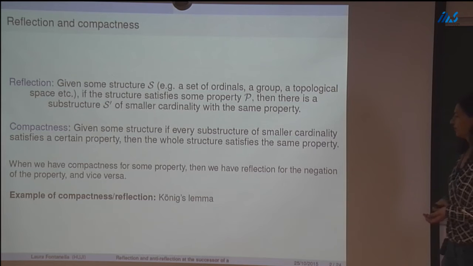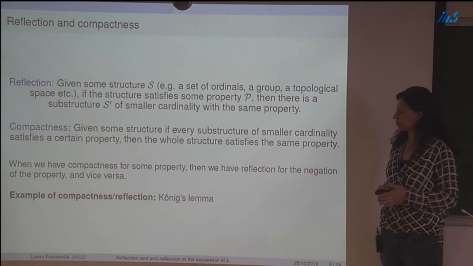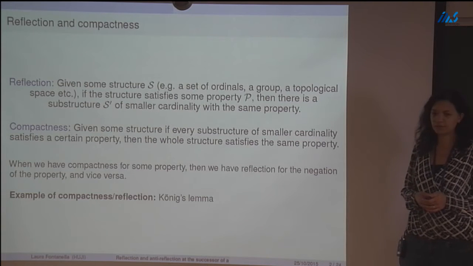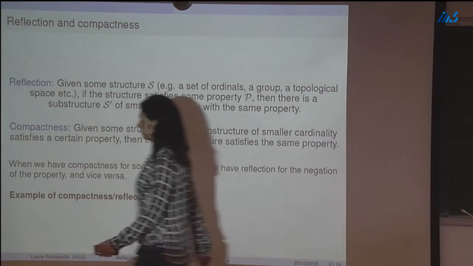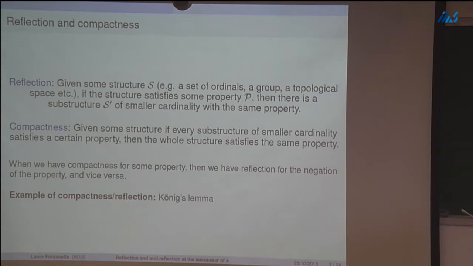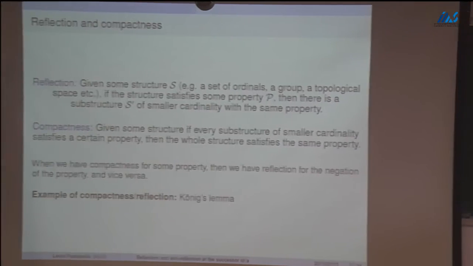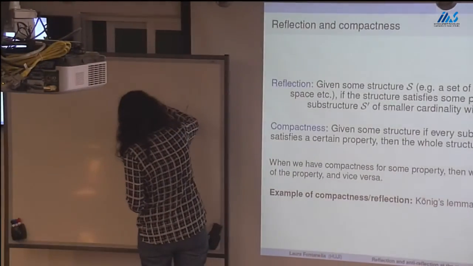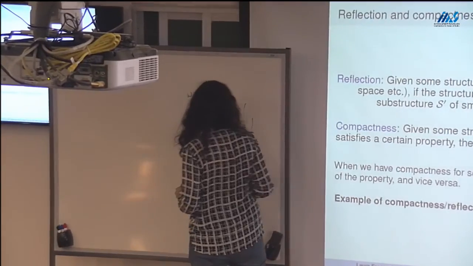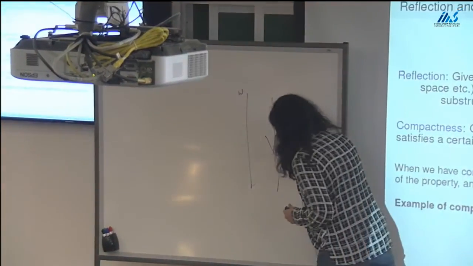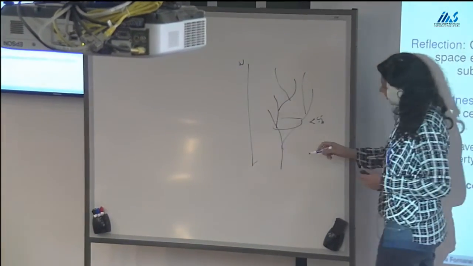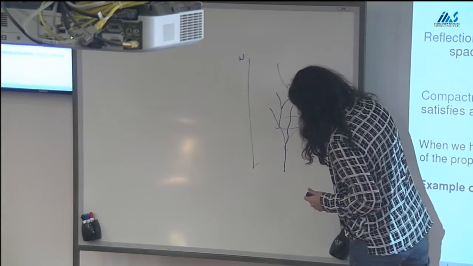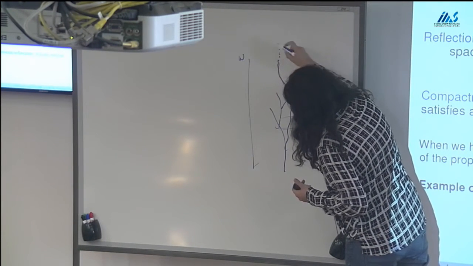So let me remind you that Koenig's lemma is the statement that says that if you have, let me draw a picture, an infinite tree, so a tree of height at least omega, with finitely branching, so it means that every level has size less than Aleph 0, less than omega, then the lemma says that you can find a cofinal branch through the tree.